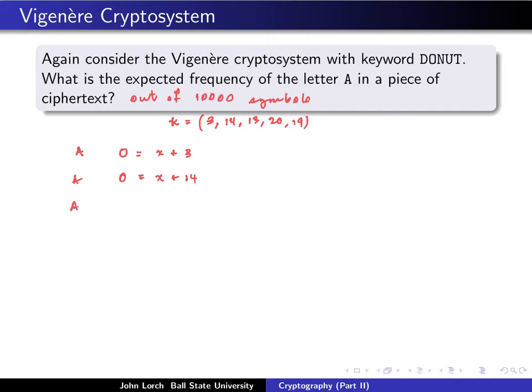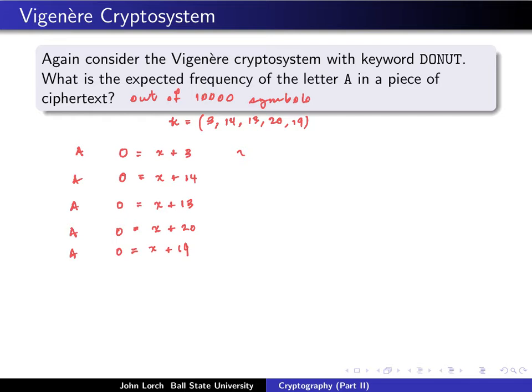So again, to achieve the letter A, which corresponds to the number 0, we would have to add either 3 to something, or 14 to something, or 13 to something, or 20 to something, or 19 to something, where all of these equations are occurring within Z26.